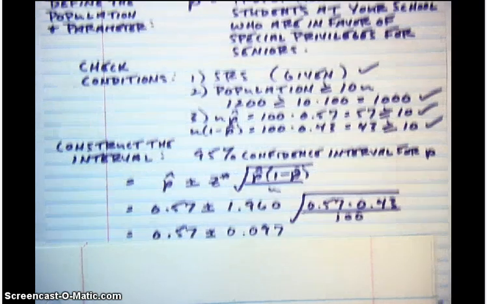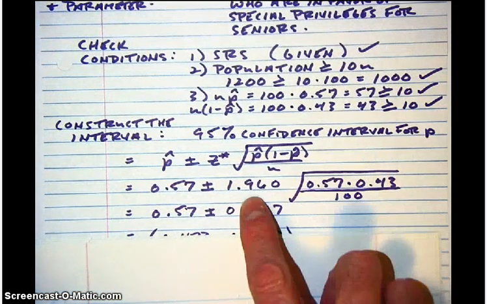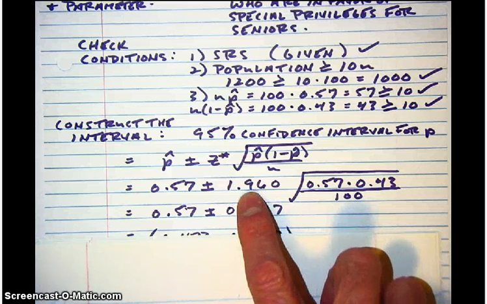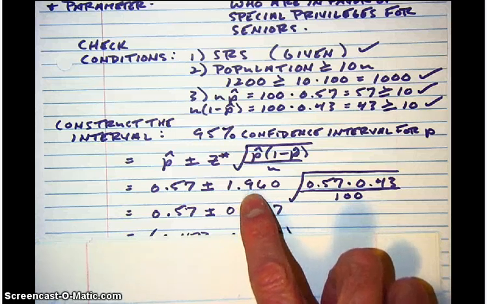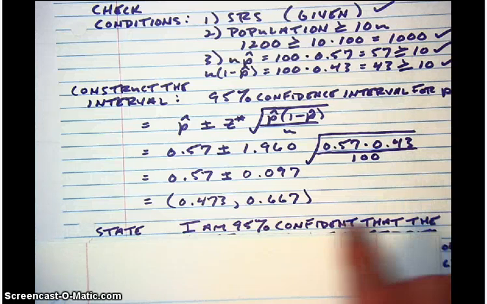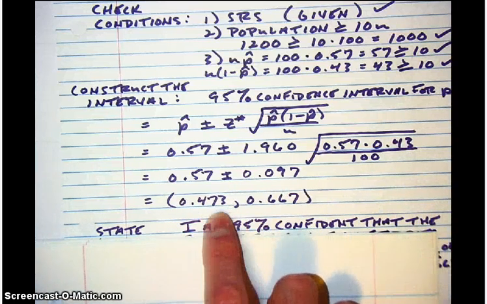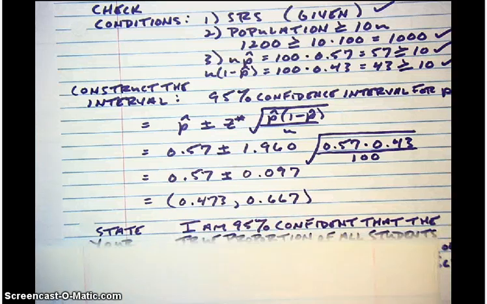And that comes from the table from the previous video. When we simplify this standard error down and multiply it times the critical value, we get 0.097. And so our interval is going to be centered at 0.57. It's going to go 0.097 on either side of that. So it'll be 0.473 on the left to 0.667 on the right.